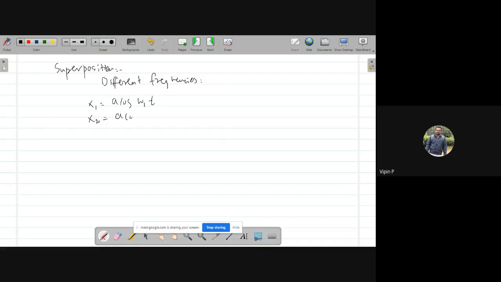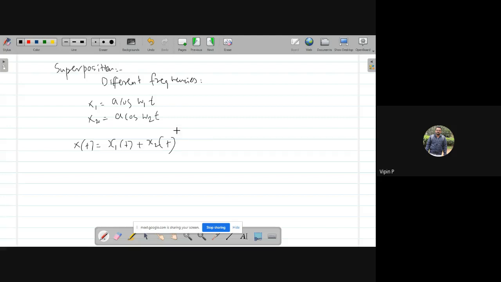So x2 is equal to a cos omega 2 into t. Now, if I add them, we have x1 of t plus x2 of t.